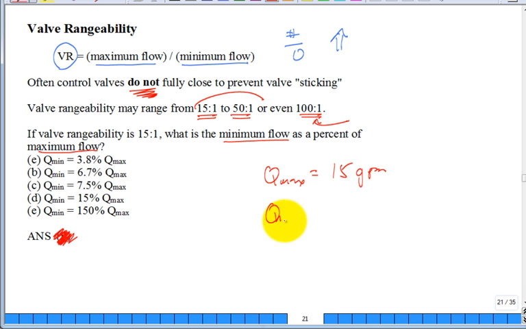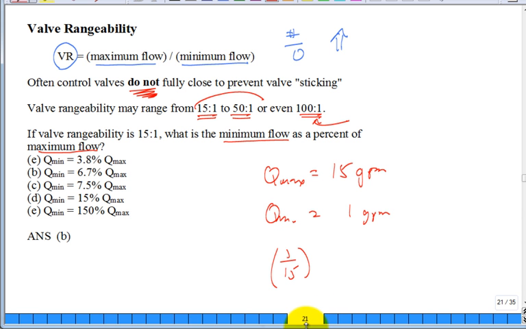And the Q min, if it's 15 to 1, would be down to 1 GPM. Hence, 1 over 15 is about what percent? It's around 6.7%. So you're not able to cut it off completely with the control valve.